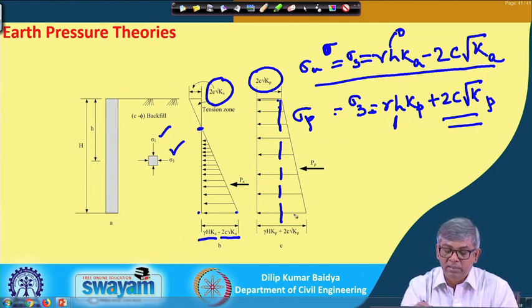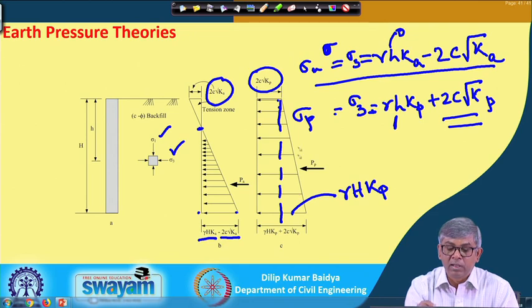So you have this part 2 c root k p, and this part gamma h k p, and these two together give the earth pressure at the bottom.